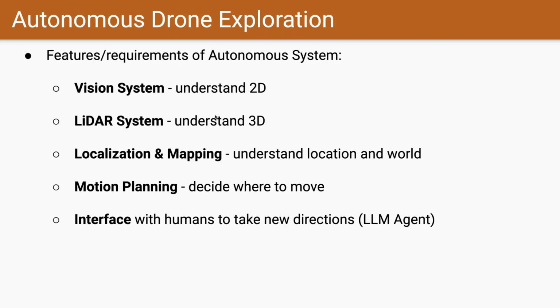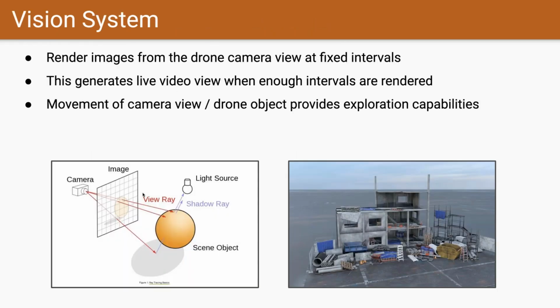Again, we are doing it with ray tracing, where we saw sampling a point cloud. And we are then going to combine this with localization and mapping to understand the location and the world we are looking at. Then finally figure out how we are going to plan the motion of these drones. And finally, give a human agent an interface. This is where we are going to integrate it with a large language model agent to look at the results.